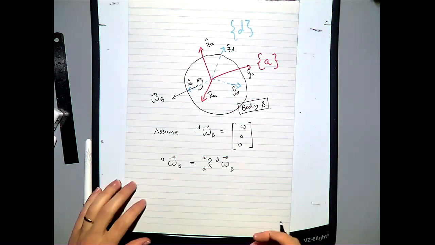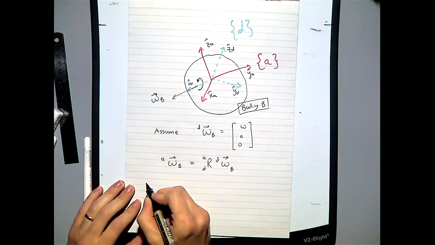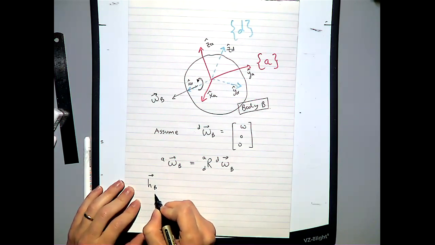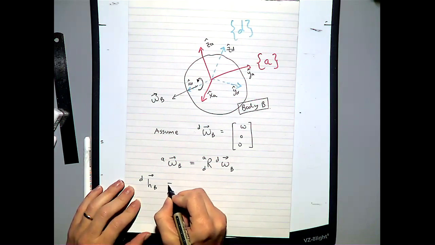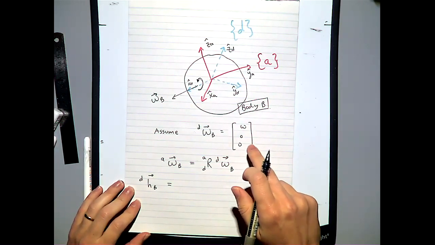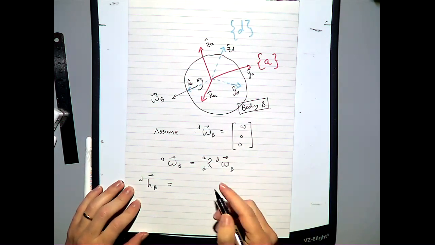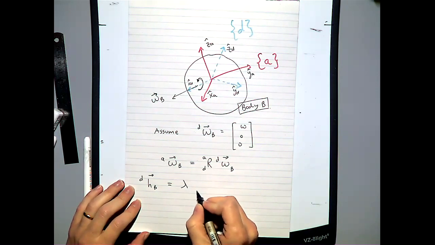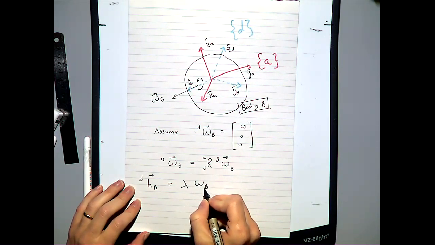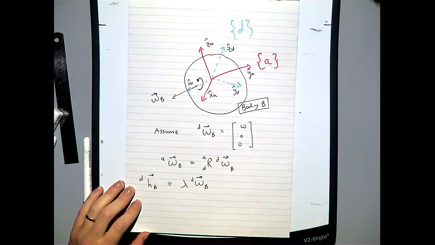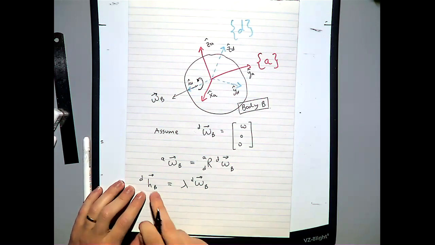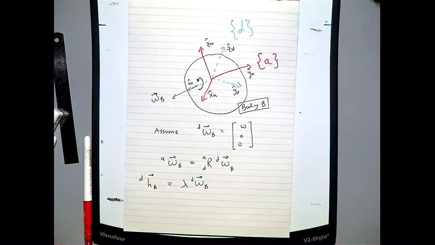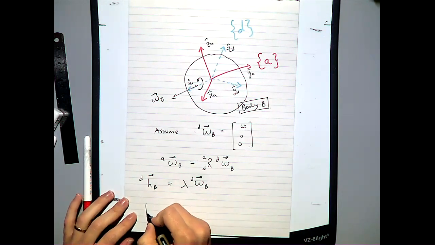Now, I already explained that H of this body in frame D should be parallel to omega in frame D. So some kind of lambda times omega B in frame D. And this H in frame D, I can also present in frame A using the rotation matrix.